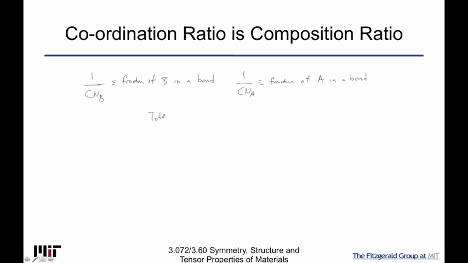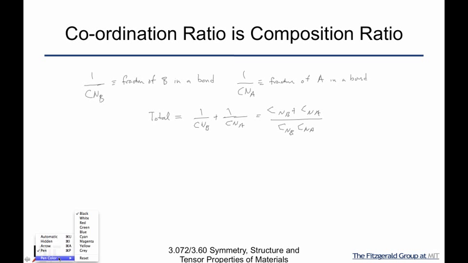So a total fraction between A and B is 1 over C and B plus 1 over C and A, which is C and B plus C and A over C and B times C and A, right?